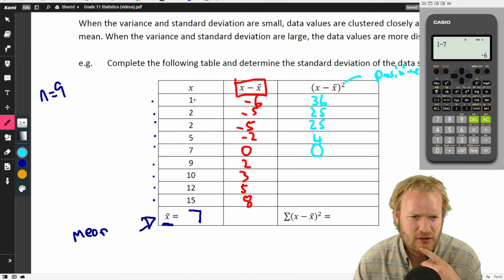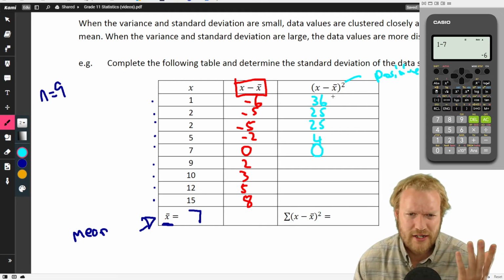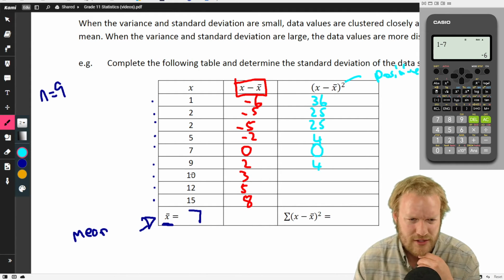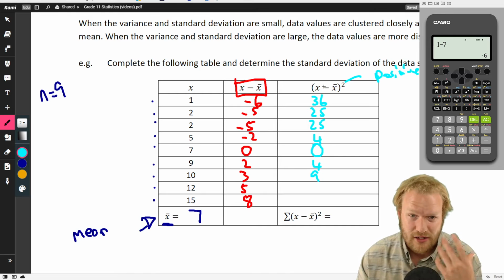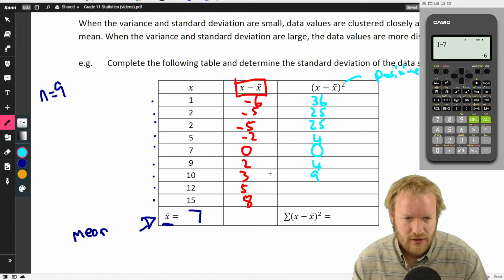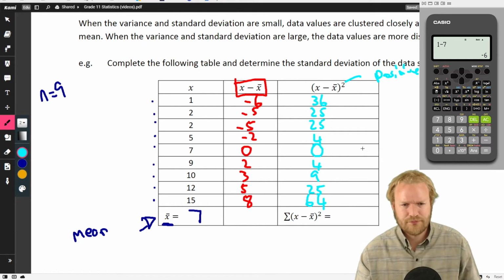This 1 is 6 away, quite far away, so it's 36 away in this different way of looking at it. This 2, we're going to say is 4. This 10 was 3 away, so it's 9 according to this new formula. Not 7. 5 squared is 25, and 8 squared is 64.